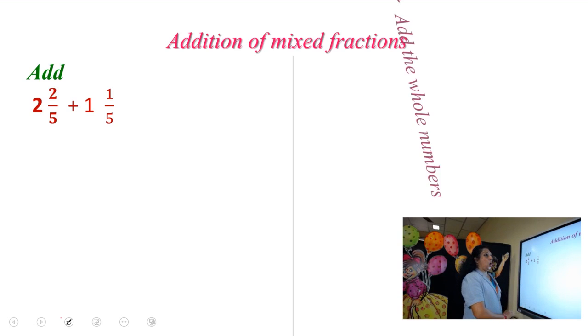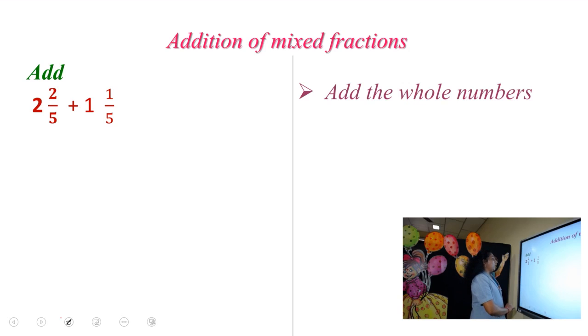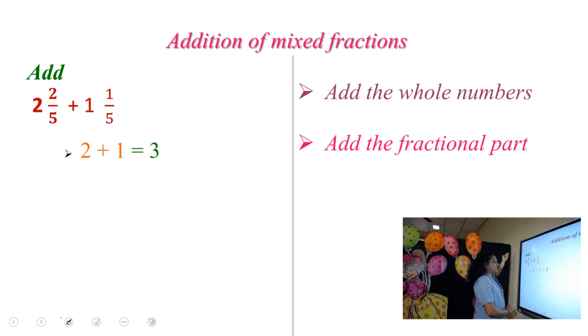First add the whole numbers. Which are the whole numbers here? 2 and 1. So 2 plus 1 is 3. Next step is add the fractional part. That is 2 by 5 plus 1 by 5.